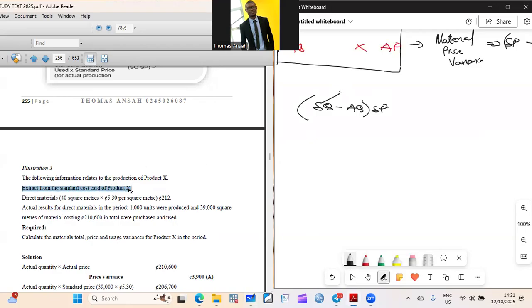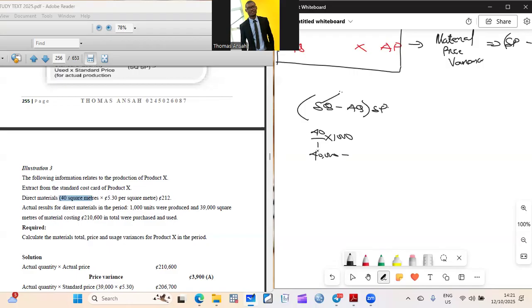This is the standard cost card. The standard quantity is 40 square meters. If you are flexing it with the actual production, it will be 40 over 1 because standard is 1. When you see standard cost, it's for 1. So you flex it by multiplying it with the actual production, which is 30,000 units. That gives you 40,000.